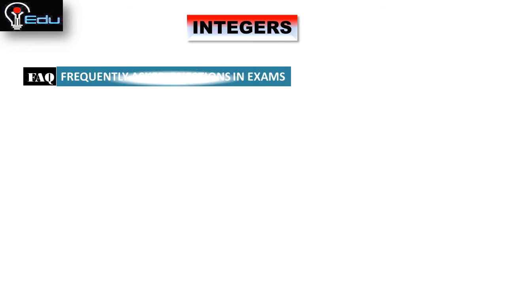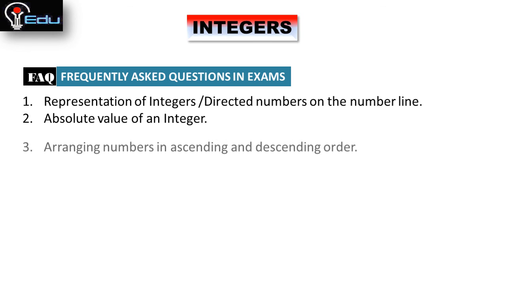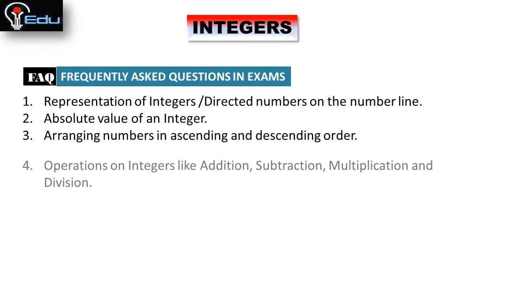And now the frequently asked questions in exams on integers. We will see what those are. Representation of integers as directed numbers on the number line, and the absolute value of an integer. Next is arranging numbers in ascending and descending order.